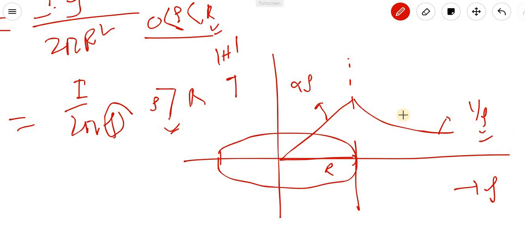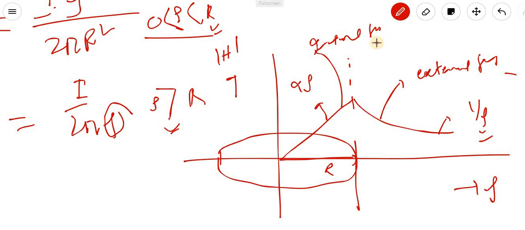For this magnetic flux we will get the external flux linkages, and for this we will get the internal flux linkages.